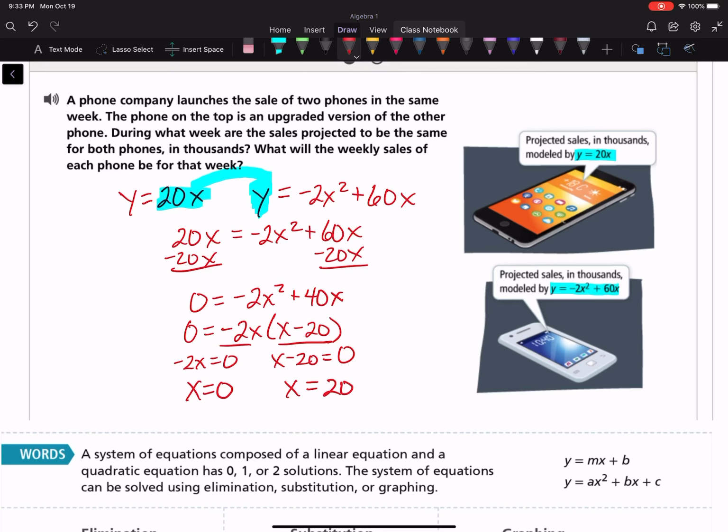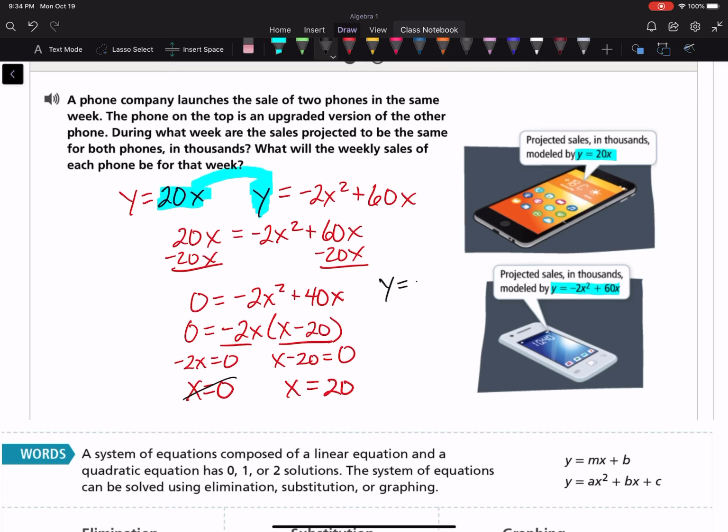Now, since it's a real life problem, we don't really need to worry about the x equals 0, okay? That's basically common sense. The 0 week, the week before they launched, neither phone had sold any. So obviously they're going to be the same because they're both 0, 0. But week 20 is where we need to find out, okay? So at week 20, if we plugged it into the first one, y equals 20 times 20, that would be 400.